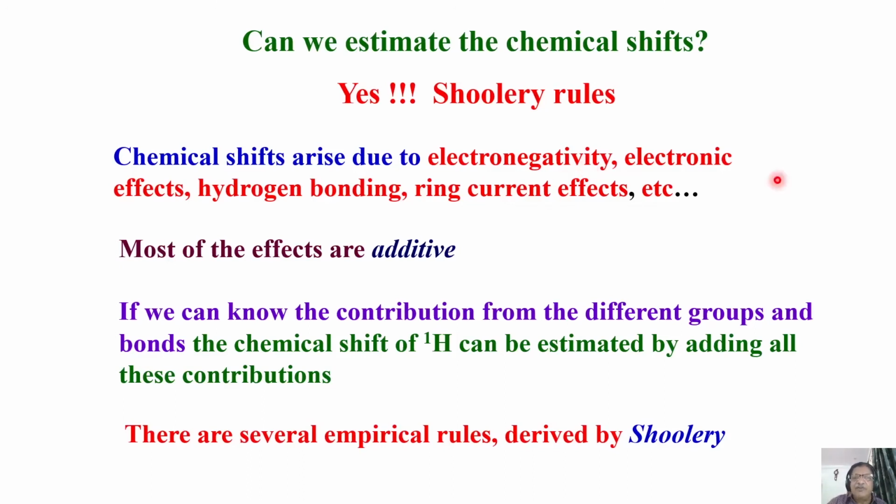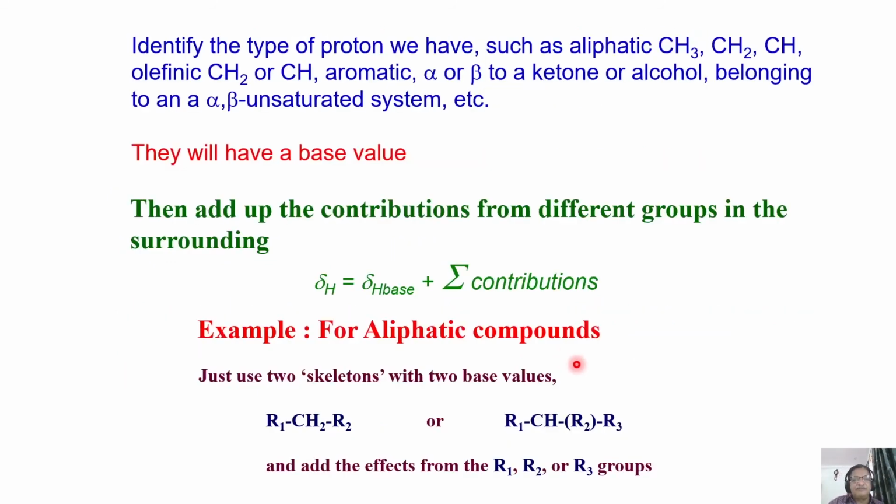But of course, nowadays with the most advanced tools available, nobody is interested in doing this type of prediction, and there are lots of ways to get the chemical shift by using Gaussian and other software. But the idea is very important to understand.